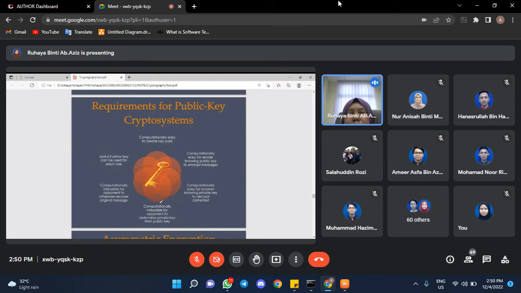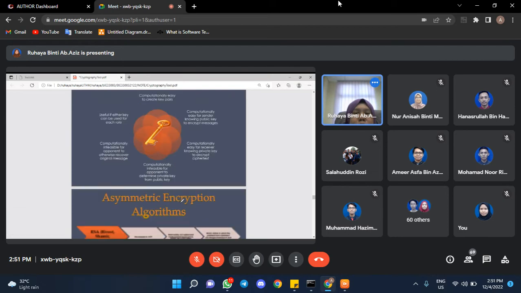It should be easy for sender knowing public key to encrypt message. Easy for receiver knowing private key to decrypt the ciphertext. It should be impossible for opponent to determine private key. Computationally impossible for opponent to otherwise recover original message. Useful if either key can be used for each role.